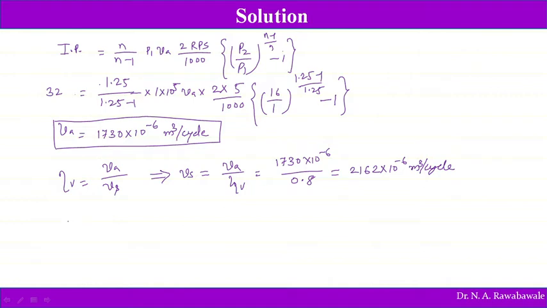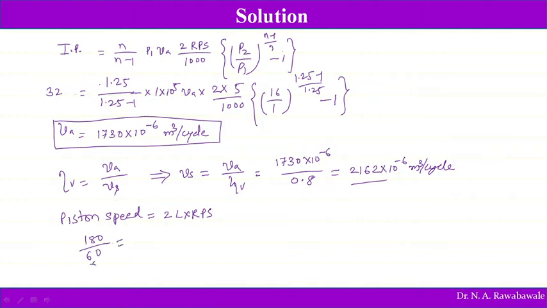So swept volume Vs is given as 2162 into 10 to the power of minus 6 per cycle. Now we know piston speed. Piston speed is equal to 2L into RPS. Piston speed is given as 180 meters per minute, so we have to convert it into per second, divided by 60.